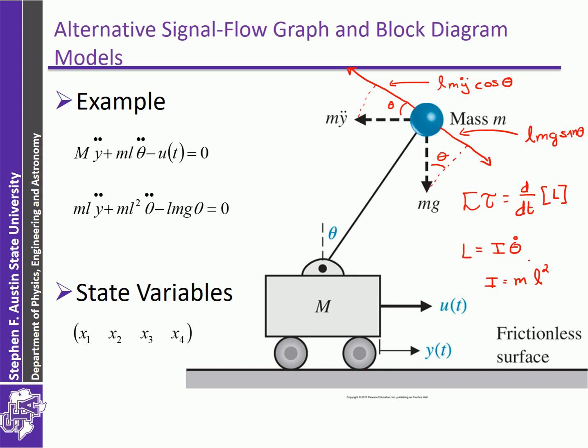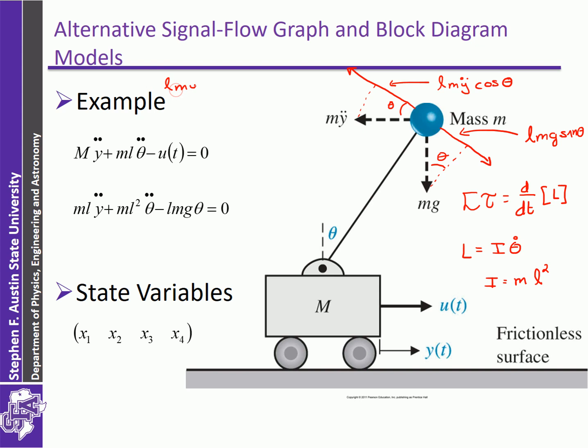So using this, let's start with the little mass attached to the rod. We have something like this. On the summation of the forces, we have the sum of the torques.